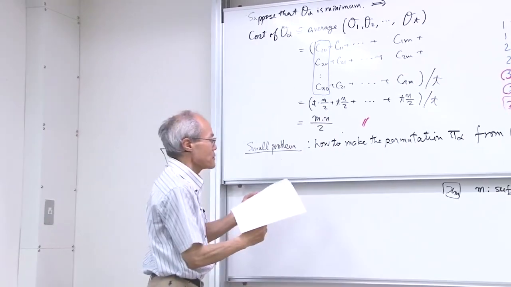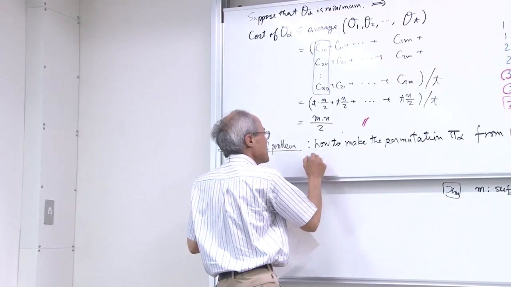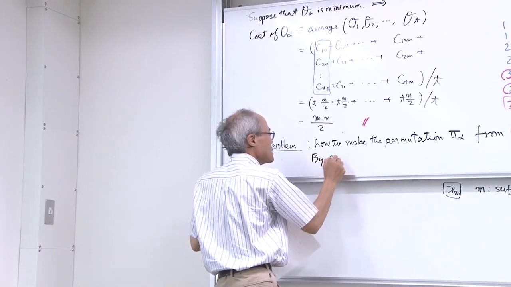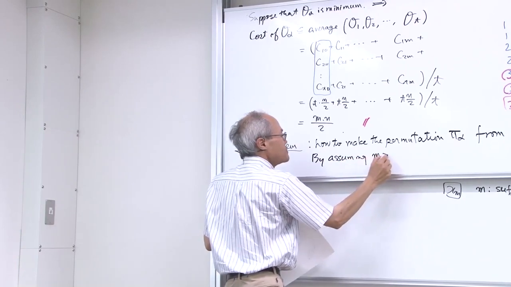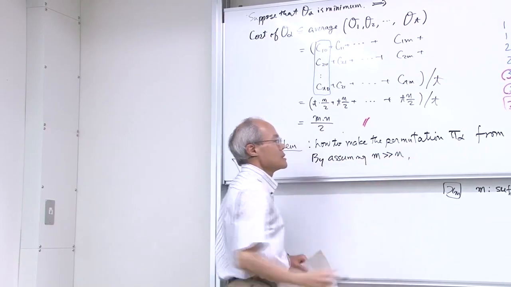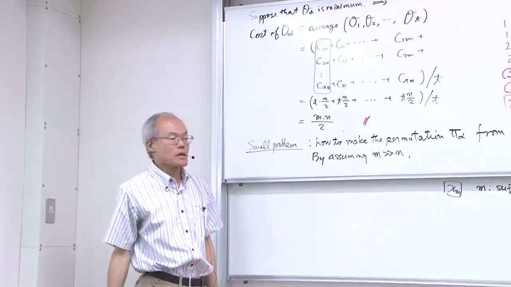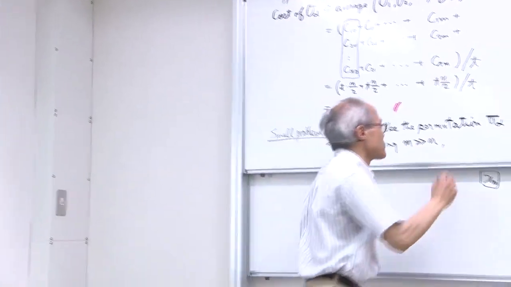But by assuming this value m is much greater than n, this is not a big problem.